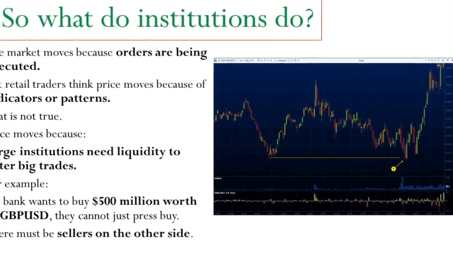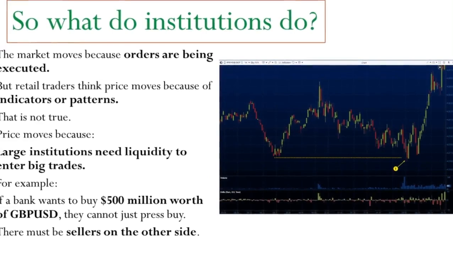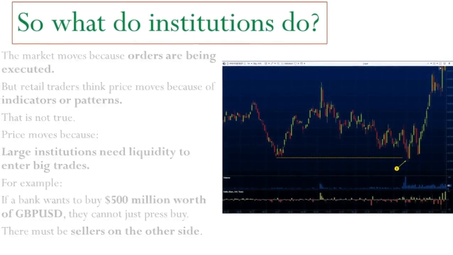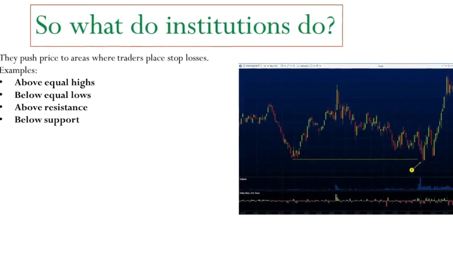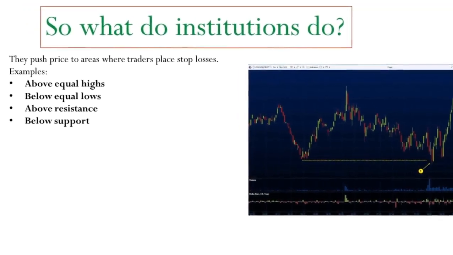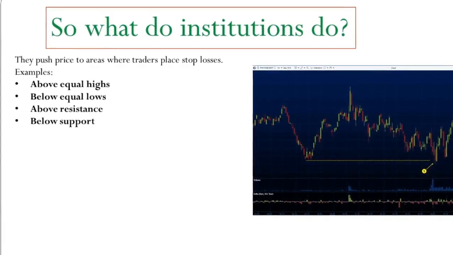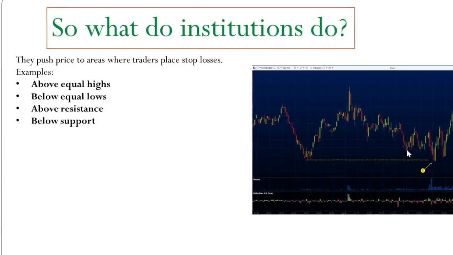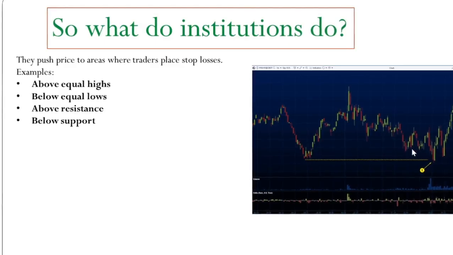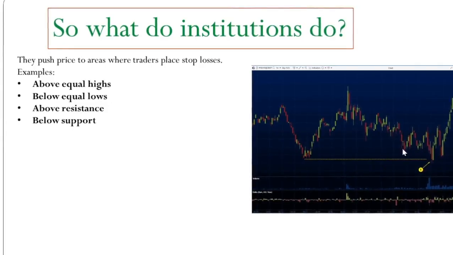This is what happened. I know at this time you might be wondering, what does the institution do? Let me give you the answer to it. This is what they do, because they want to buy the price cheap and sell it high. They are going to push the price to areas where retail traders put their stop loss. Yes, I've explained this part already. They have created a fake support at this point.